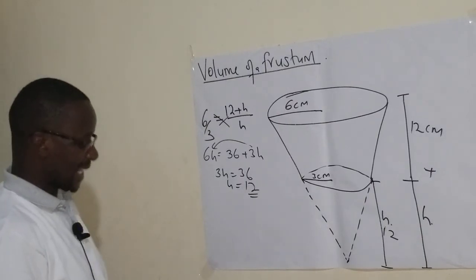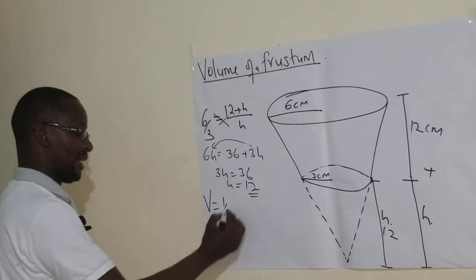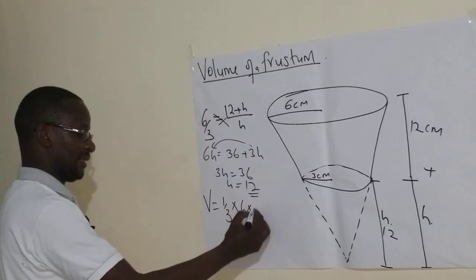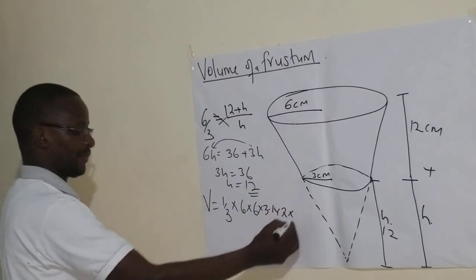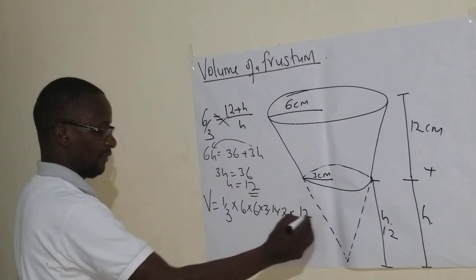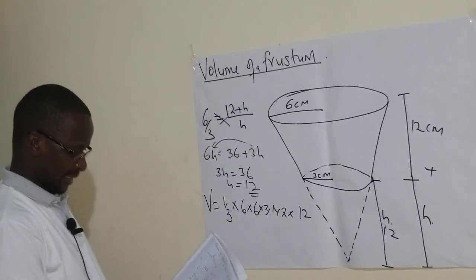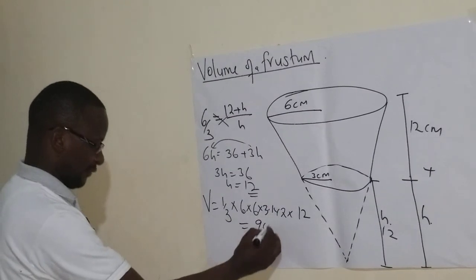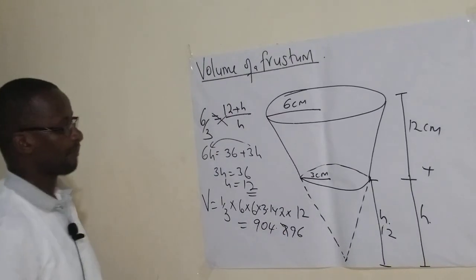So just as we had done earlier, the volume of the larger cone will be a third times base area. Let's use pi 3.142 times the height 12. So do that. You will get your answer as 904.896.